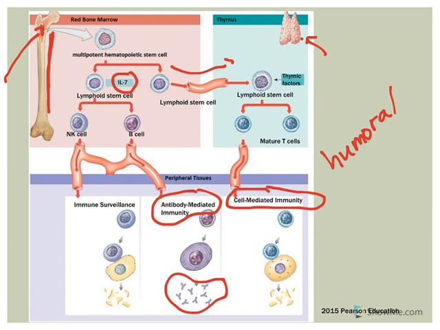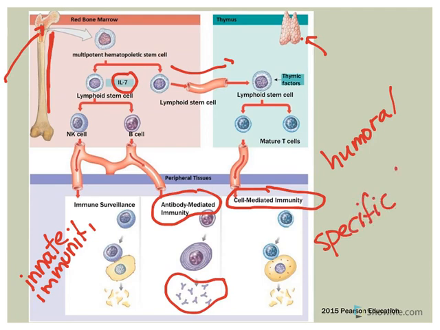Now, natural killer cells are part of our innate immunity, while the other two are part of what we call specific or adaptive immunity. So one of the things we'll talk about is innate defenses and innate immunity, and natural killer cells are part of that.